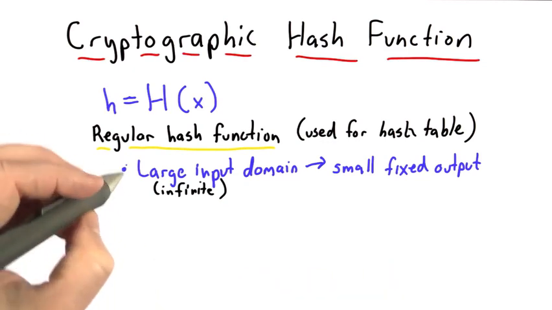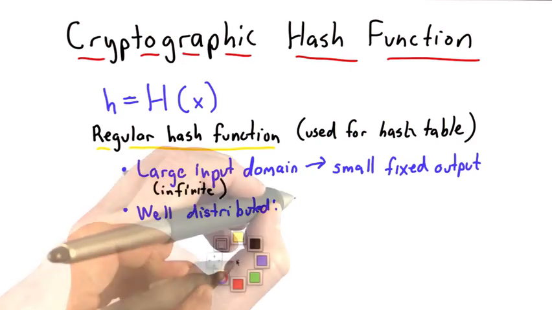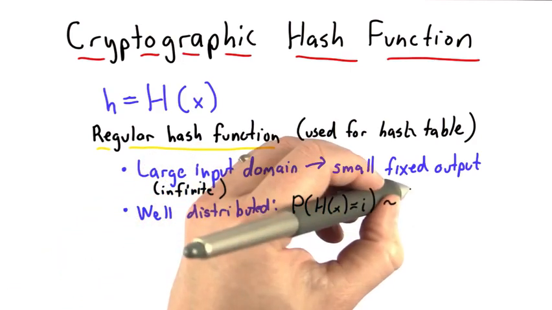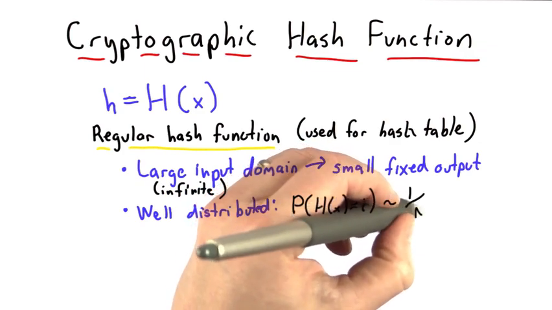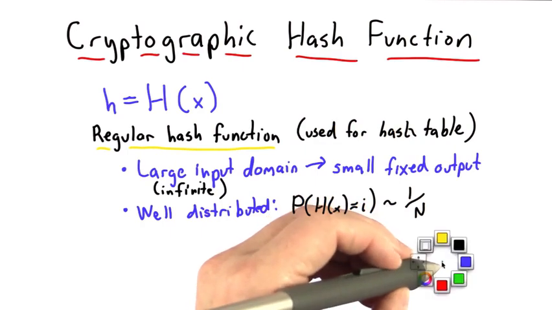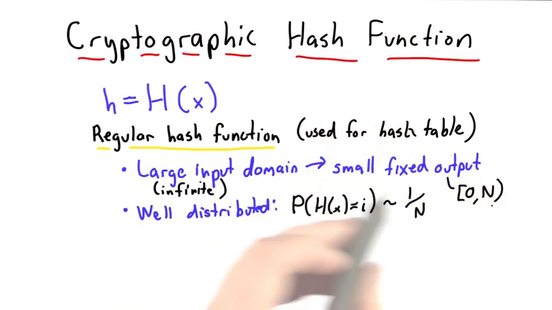It should also have the property that it's well distributed, that for any given input, the probability that that input maps to a particular value is close to 1 over the size of the table. And we'll use n to represent the output size. So we'll say that outputs are in the range from 0 up to n minus 1. And if it has this well-distributed property, well, this works great for a hash table.